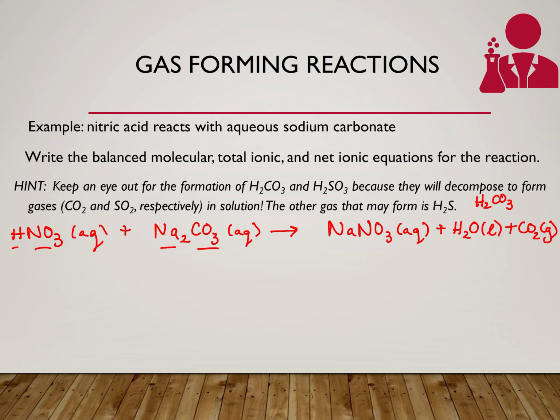Then we need to go through and balance our equation before we move forward. Don't write carbonic acid, write water and carbon dioxide. Then again, we'll do just the same as we normally do. We'll break apart our strong acid over here. Nitric acid is a strong acid, so it breaks apart. Then we have our sodium carbonate, which is aqueous.